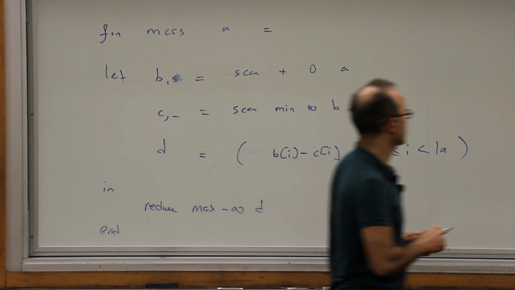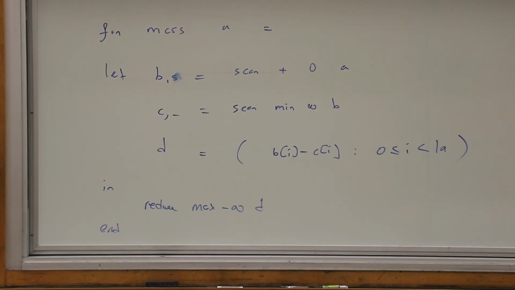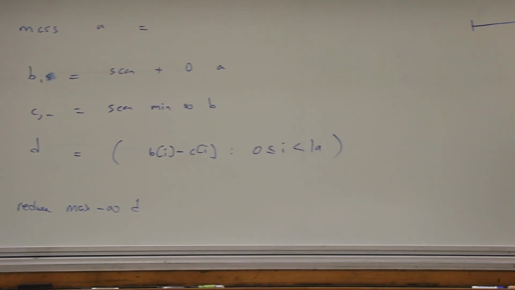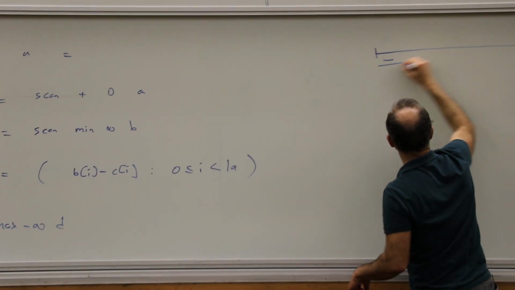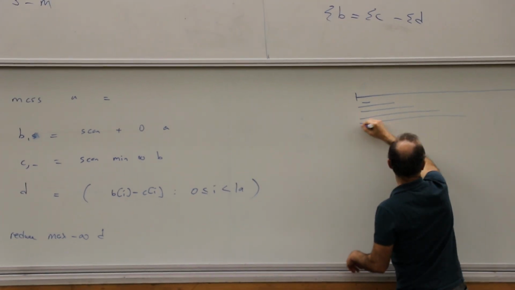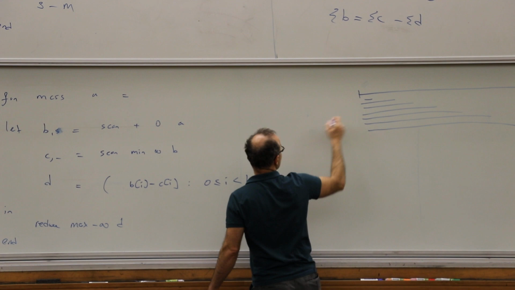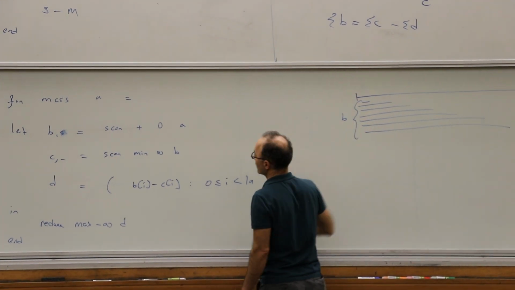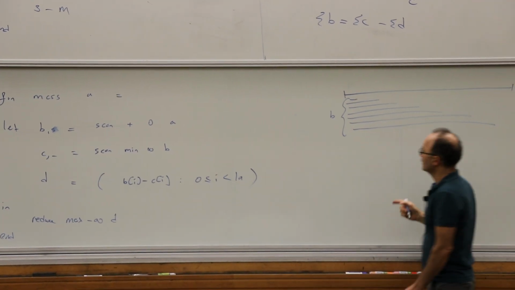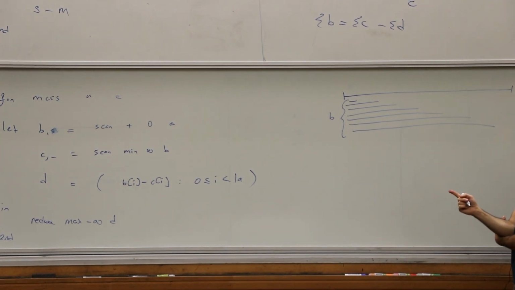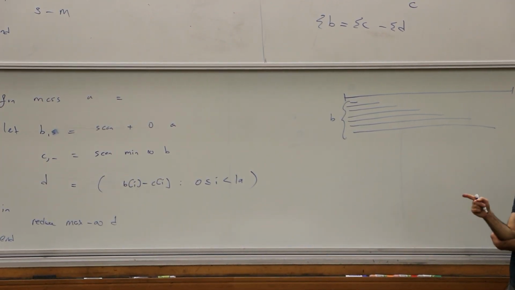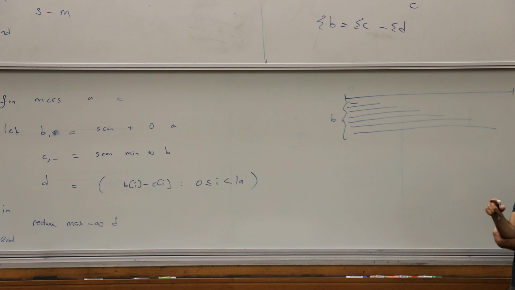Let me illustrate what this algorithm does. We take our sequence, and then we compute the prefix sums. That gives us B. Then this one does a scan min, which means that for each position, it computes the minimum of those that come before it.